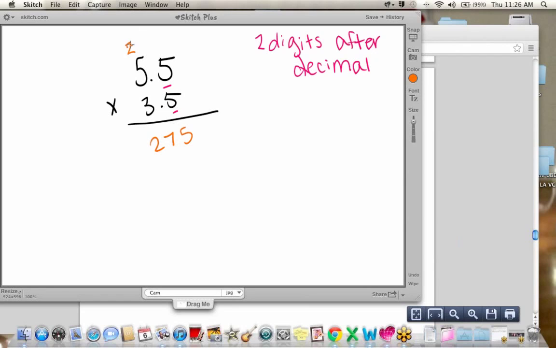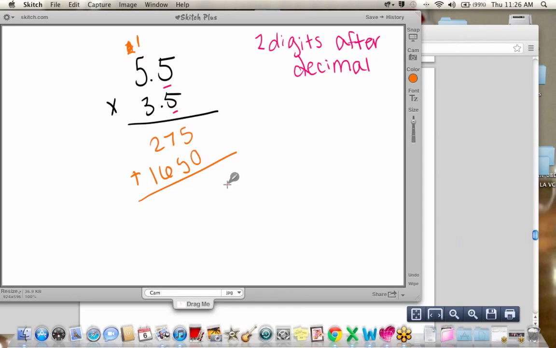Perfect. Now what? Then you put the placeholder 0. Then 3 times 5 is 15. Put the 5 right there. Carry the 1. 3 times 5 again is 15, plus 1 is 16. And we add it all up.